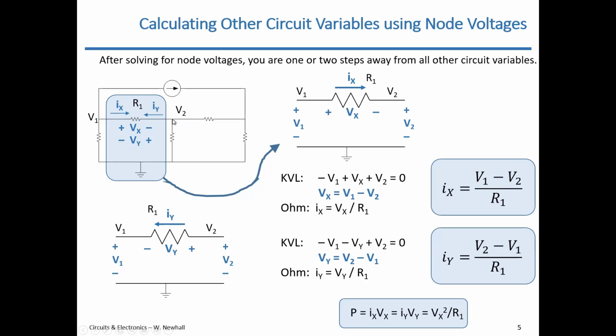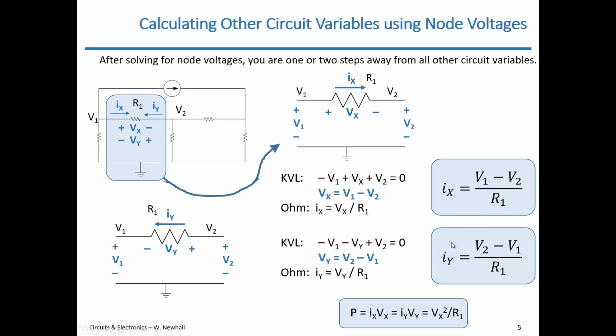If you want to write a term in your KCL equation that is the current going from V2 to V1, that's V2 minus V1 over R1. IX is negative IY, so you can have currents pointed in the opposite direction, just one is the negative of the other. You're going to see this pattern show up when I do the node voltage analysis problem next on the whiteboard, and this is what I'm using right here. Okay.